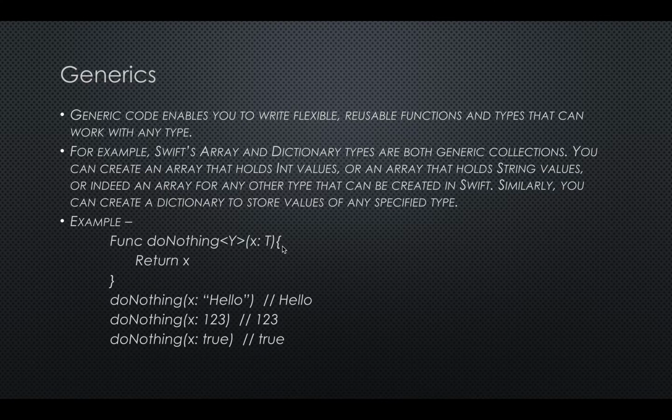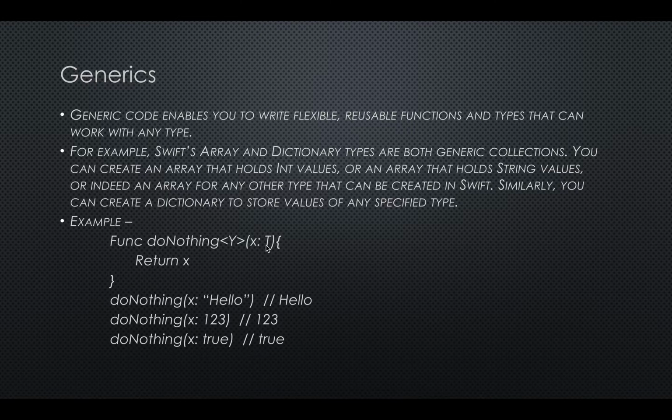You say <T>. By writing this, it says that over here this x and this T, x is like our normal function parameter, right? So you just give a name to your parameter, and then T means it can have any kind of data type.